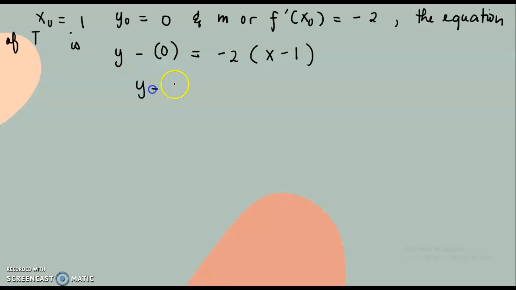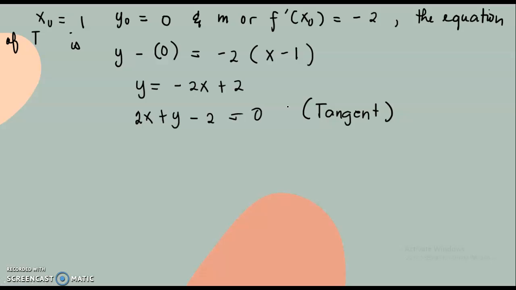Therefore, y equals negative 2x plus 2, and we have 2x plus y minus 2 is equal to 0. This one now is the equation for the tangent.